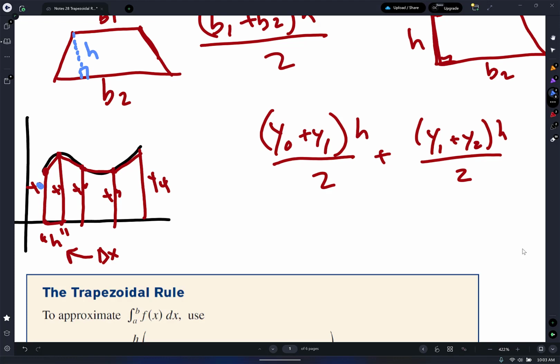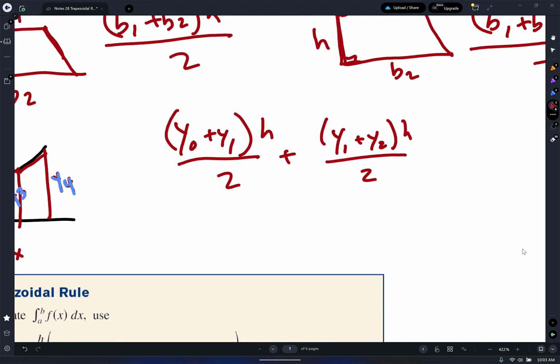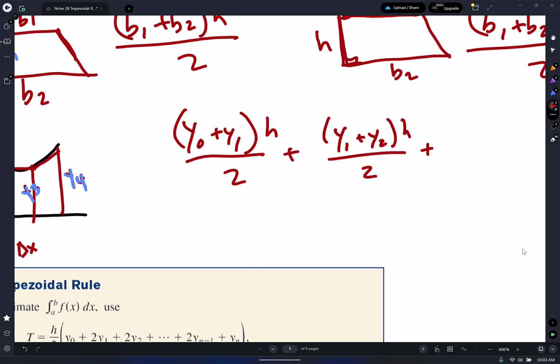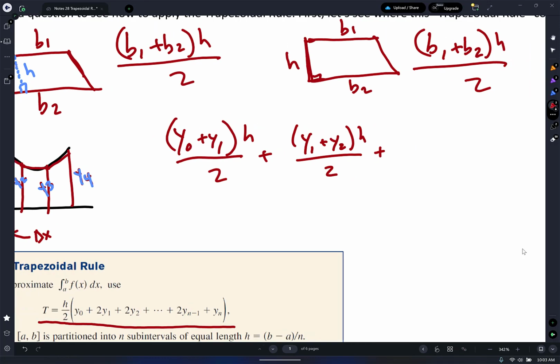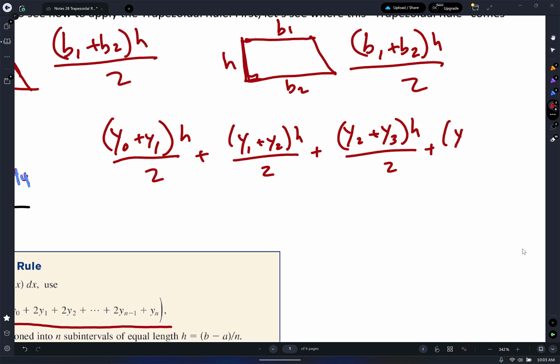That's a 0, 1, 2, that's a 3. y0, y1, y2, y3, y4. Plus my third trapezoid: y2 plus y3 times height divided by 2, plus y3 plus y4 times height divided by 2.